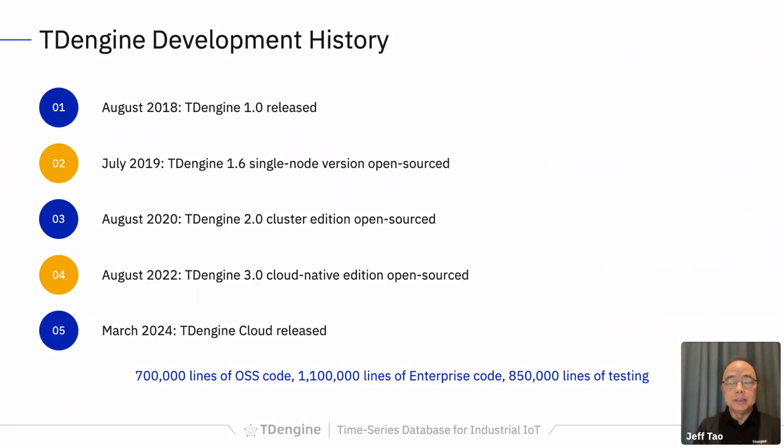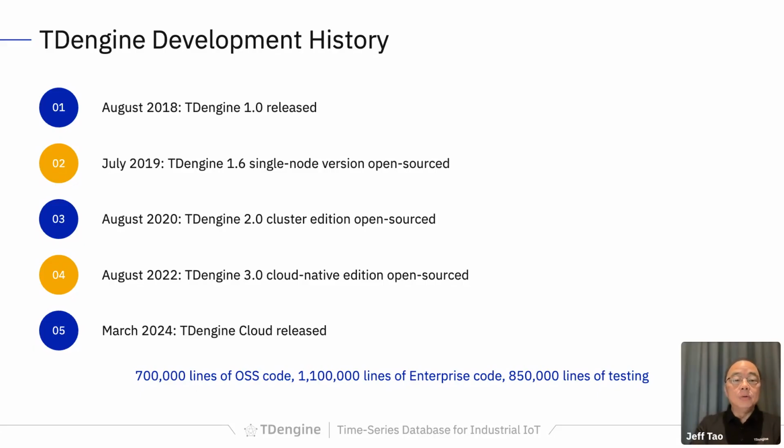For the enterprise edition, we have over 1.1 million lines of code. At the same time, we contributed over 850,000 lines of code for testing. So our code has very solid quality. Also, the testing code is on GitHub too.